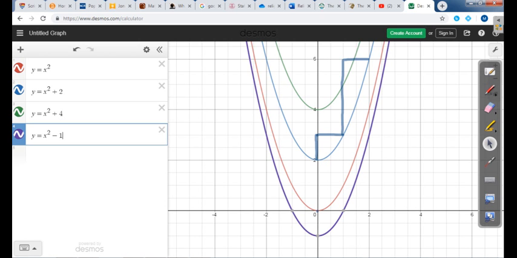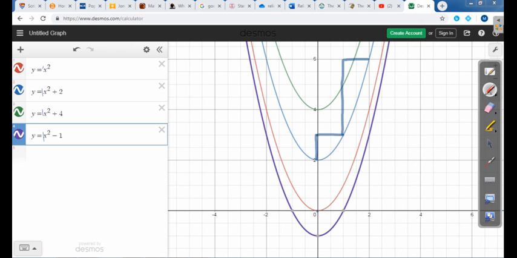No. What makes my graph flip? When the a value is negative. My a value here did not change. If you look here, a value is 1, a value is 1, a value is 1, a value is 1. So my a value did not change. Therefore, my step pattern will not change, nor my direction of opening. Is that clear for everyone?